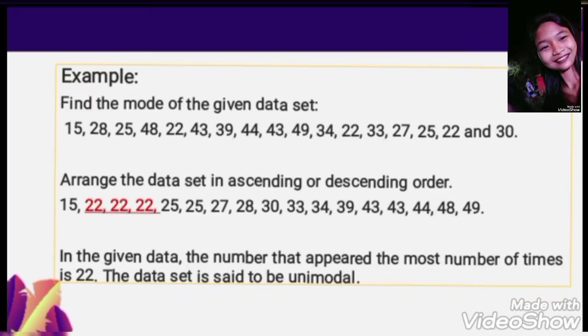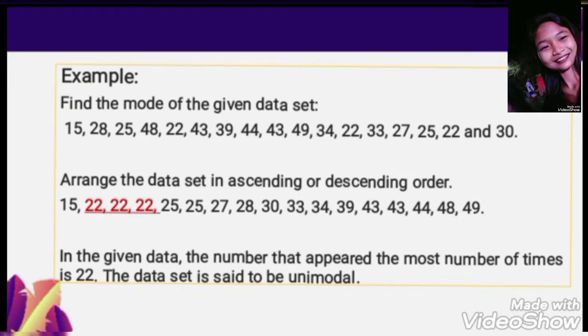For example, find the mode of the given dataset: 15, 28, 25, 48, 22, 43, 39, 44, 43, 49, 34, 22, 33, 27, 25, 22, and 30.